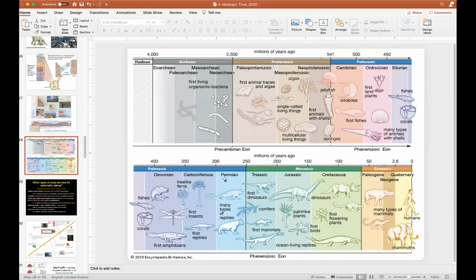This one graphically shows you what animals were prominent in these different eras. So very early single-celled life in the Archean. It becomes multicellular, but nothing complicated, no hard-shelled animals, in the Proterozoic. Then we get to the Cambrian, that's the explosion of life.